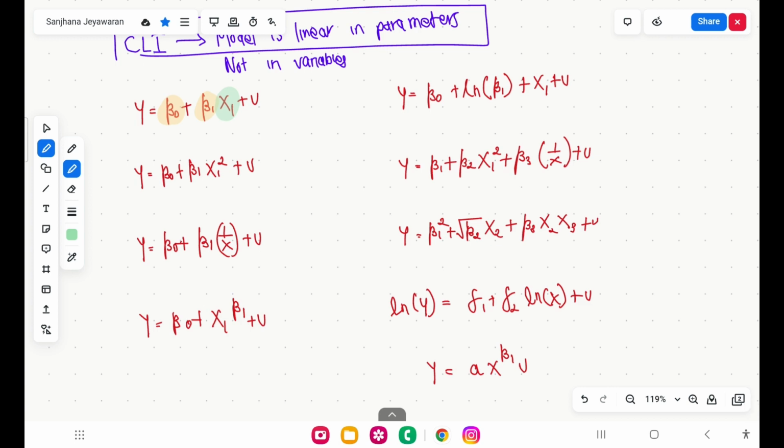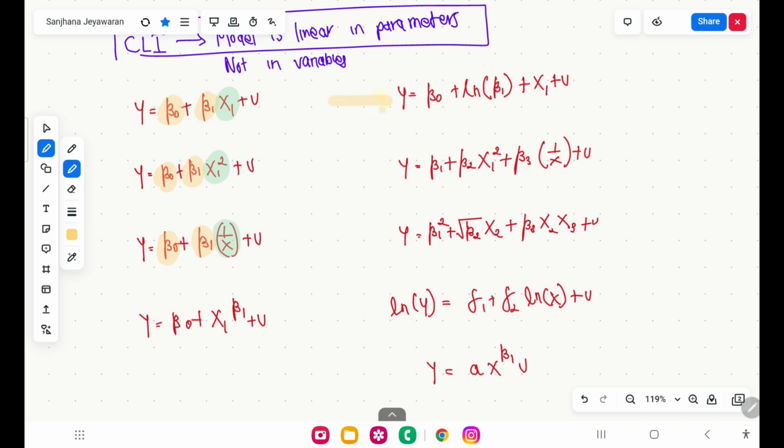In the second one, x1 square means it has become non-linear in variables, but beta 1, beta naught are still linear in parameters. In the next one, the variable is 1 over x, non-linear in variables, but linear in parameters, beta naught and beta 1. So these three models haven't violated the assumption of CL1, that the model is linear in parameters.